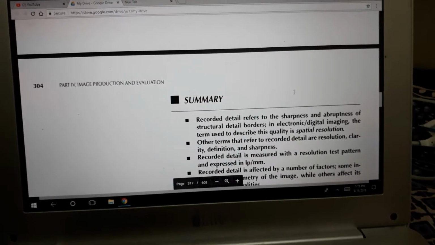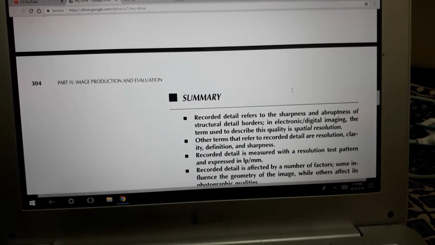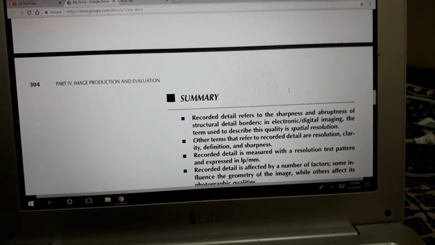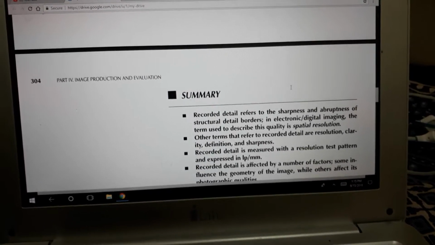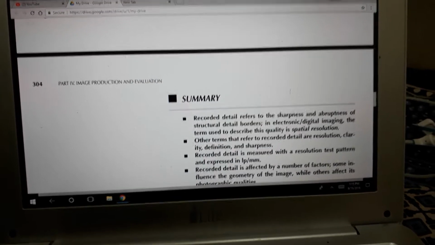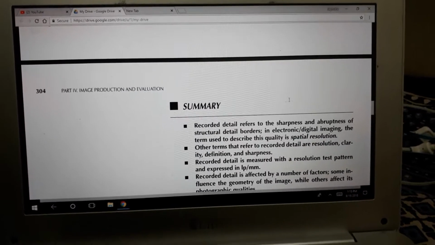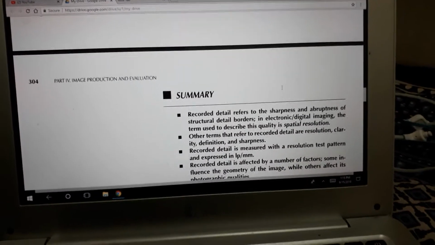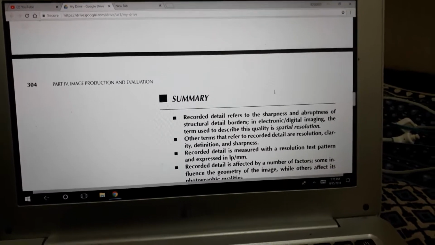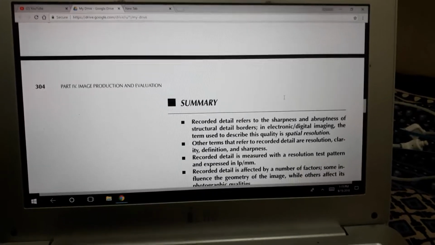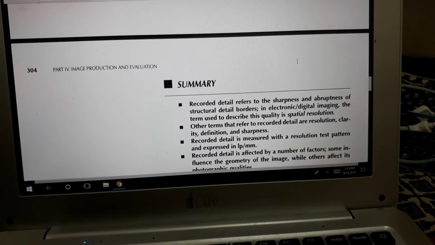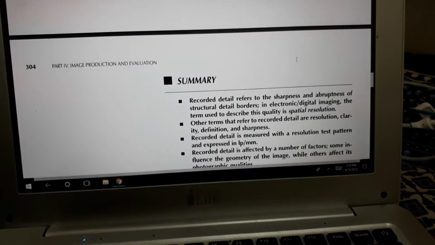Summary: record detail refers to the sharpness and the abruptness of the structure details' border. In electronic and digital imaging, the term used to describe this quality is spatial resolution.